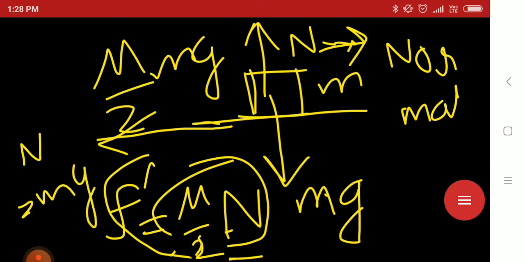So what we have got here, we have two masses, capital M and small m, and both are a combined system. Frictional force between capital M and small m is F prime, and the friction coefficient is mu by 2 between capital M and small m, but mu between capital M and the horizontal surface.